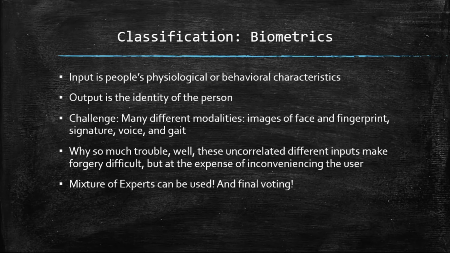There's a very good reason for that, and it's because all of these highly uncorrelated different inputs make forgery very, very difficult for say a thief or a fraud to break into your security facility. Because they might be able to cheat the system with one or two of these characteristics, maybe with the face thing.